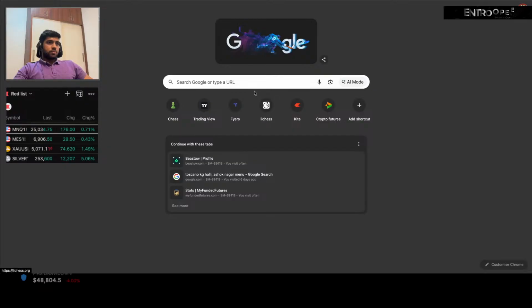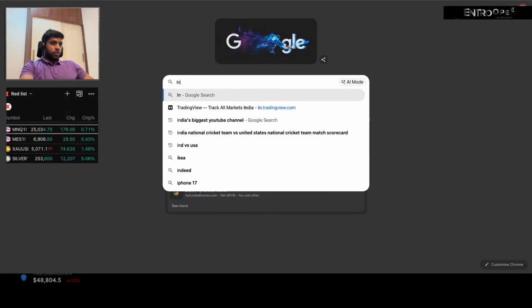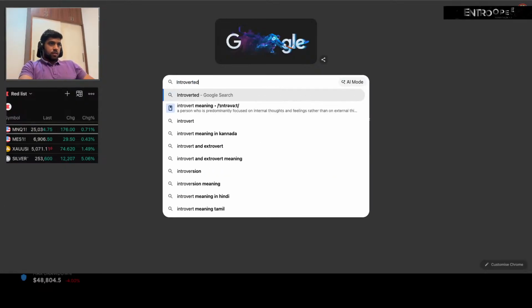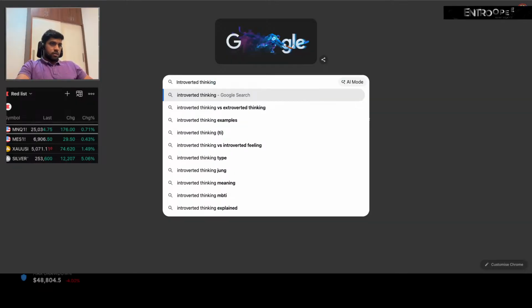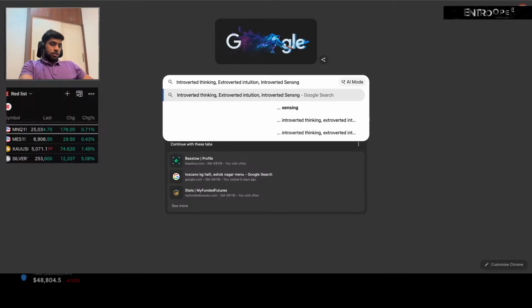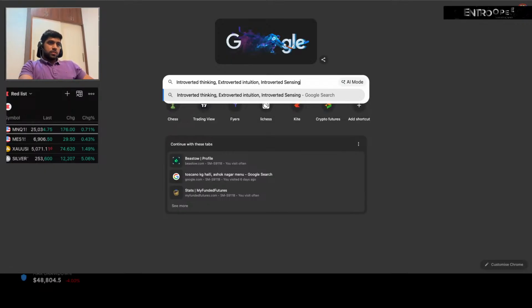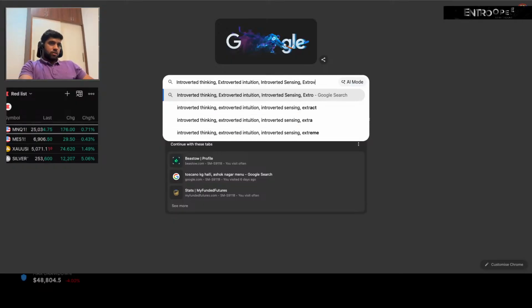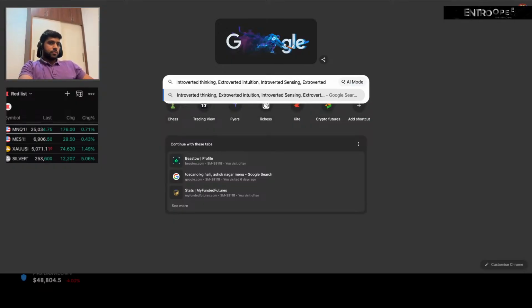So one is introverted thinking. The second function is extroverted, some people say extraverted as well, extroverted intuition. Third is introverted sensing. The last one is extroverted feeling.